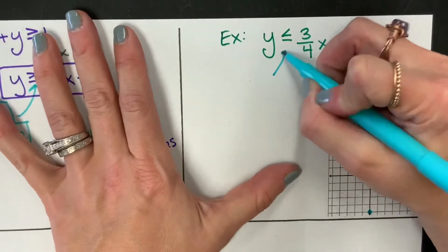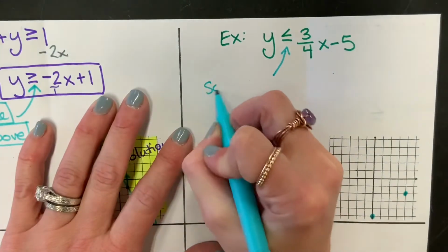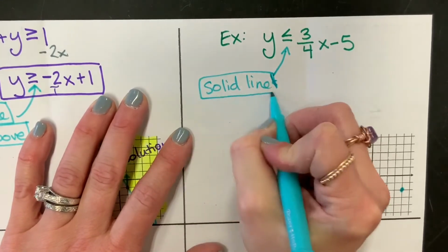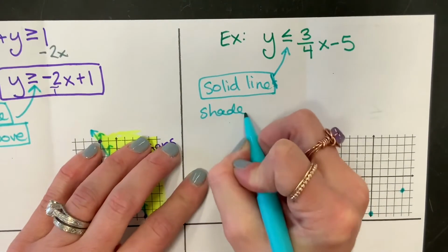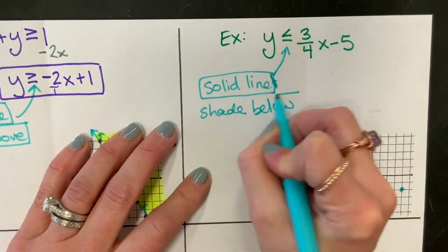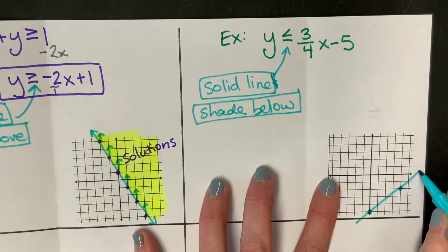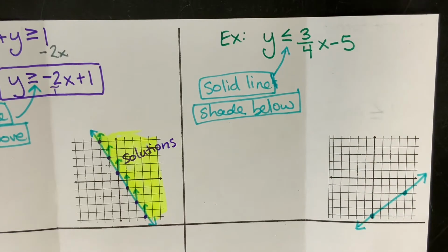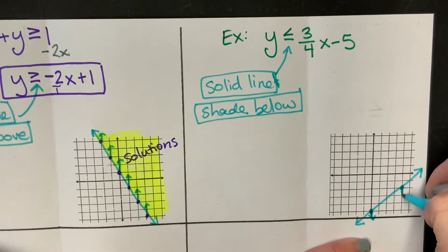Since it is less than or equal to, the or equal to means I'm going to have a solid line, but the less than tells me I'm going to shade below the line. So let me draw my line here. There's my line. Now I'm going to go to those points and shade straight down.